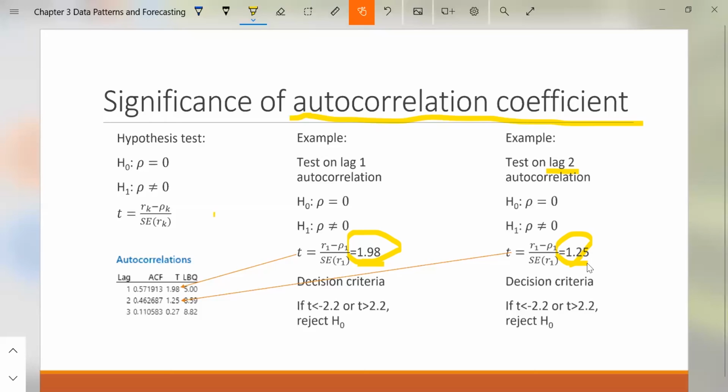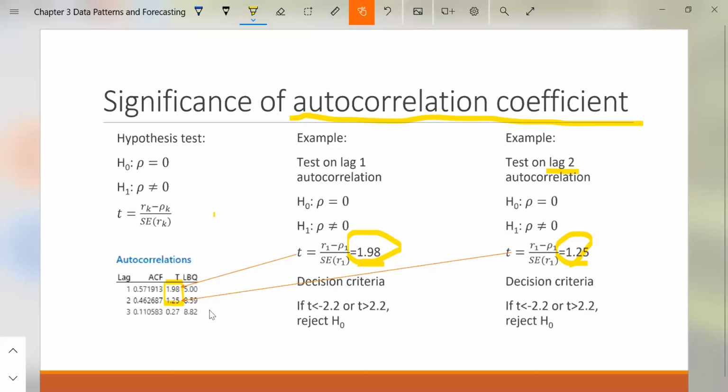Basically, that just tells us when a test is significant, then the null is rejected. Therefore, just based on the t-test statistics, 1.92, 1.98, and 1.25, we can tell for the first 3 lags, the autocorrelation coefficient is not significant, and therefore there's no such autocorrelation in the population, although we do observe some autocorrelation in the sample data.